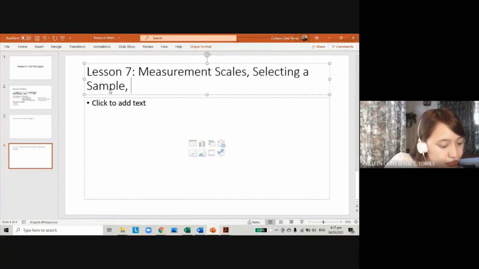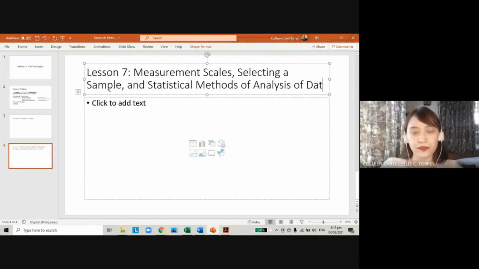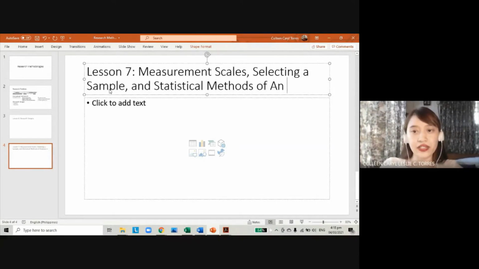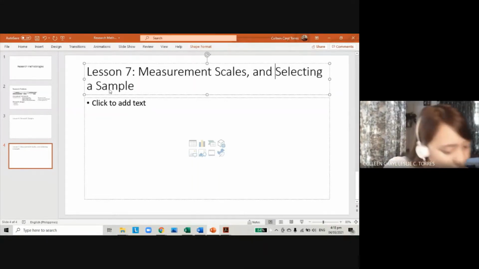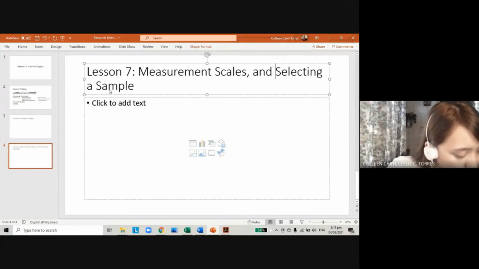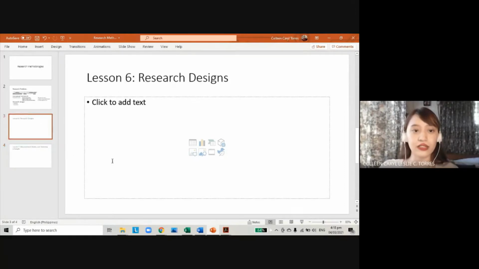Statistical methods of sample selection are still under selecting a sample. So we'll just focus on these two lessons for this afternoon very quickly. So that is lesson 6 and 7.